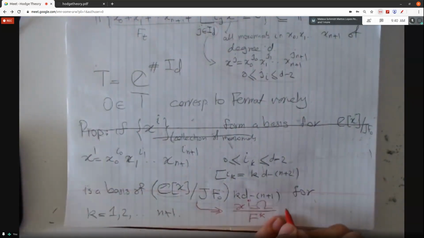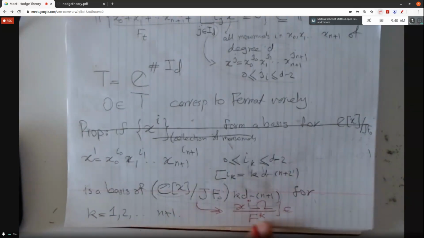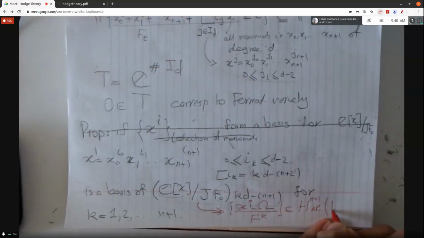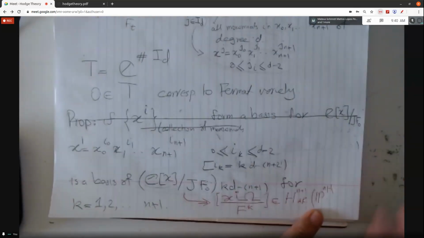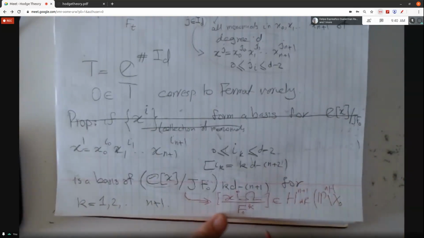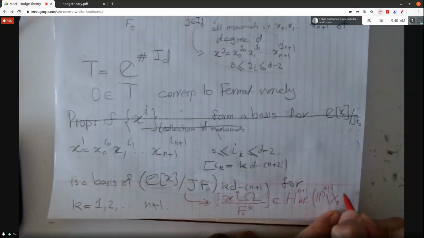This will induce elements in H^n de Rham of P^(n+1) minus x0, let's say everything is 0.